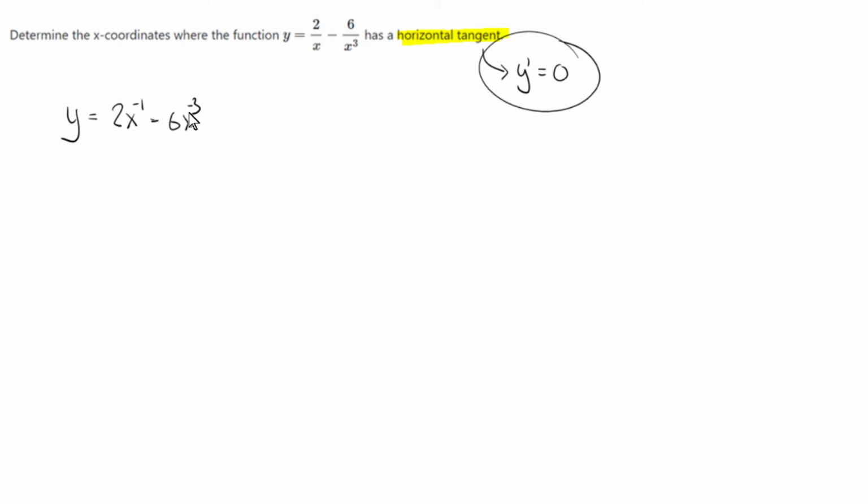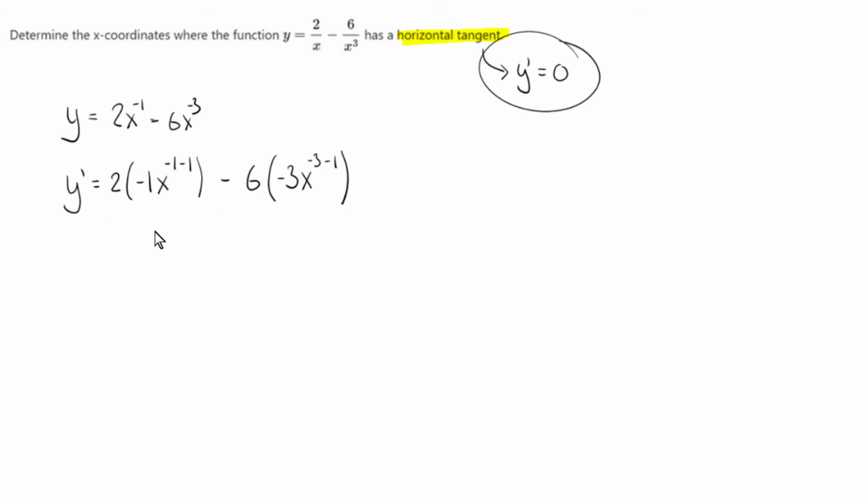At this point, we can use the power rule and differentiate this. So y prime is going to be 2 times negative 1 times x. In the numerator, we're going to have negative 1 minus 1, minus 6, and then times negative 3 times x to the power of negative 3 minus 1.